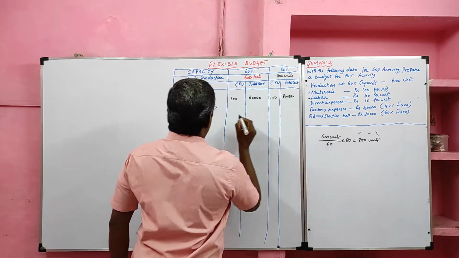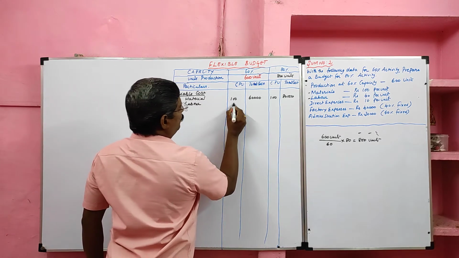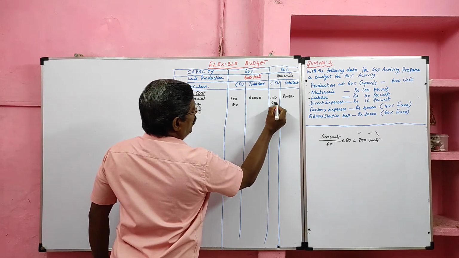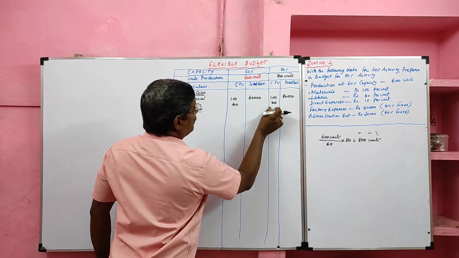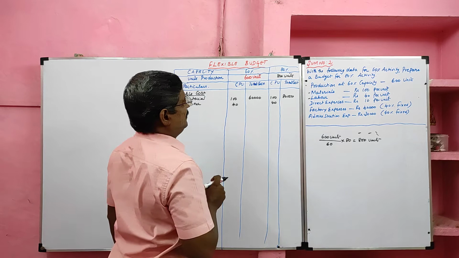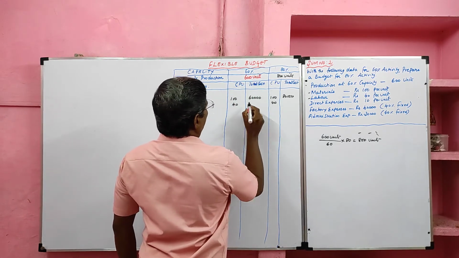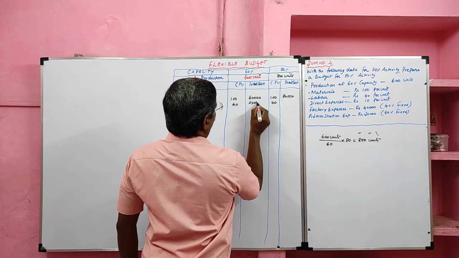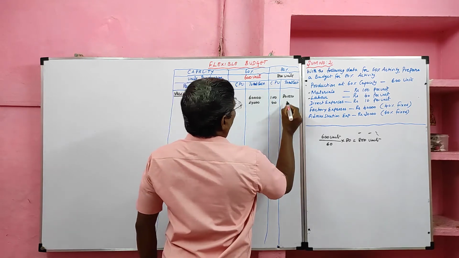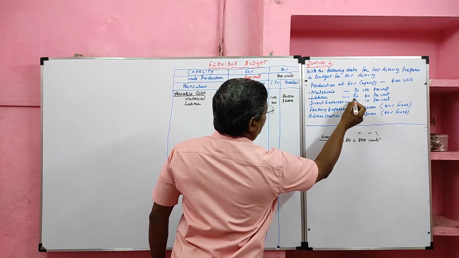Next, labor, 40 per unit. 40 into 600 is 24,000, and 40 into 800 is 32,000.